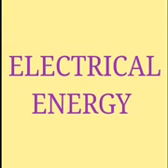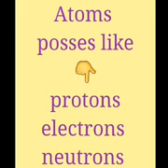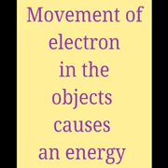Now we learn about electrical energy. Do you know about that? We know that all things are made up of atoms. Atoms possess particles like protons, electrons and neutrons. Movement of electrons in the objects causes an energy. This energy is called electrical energy.